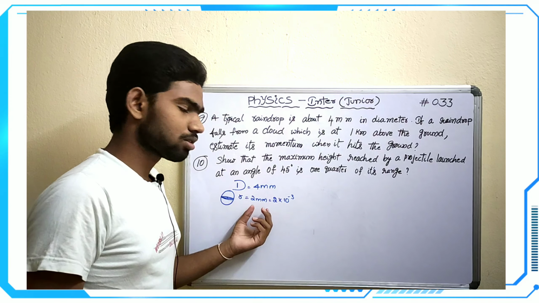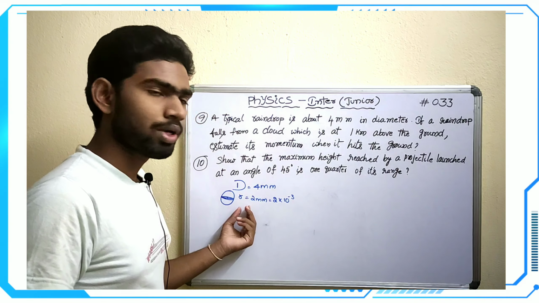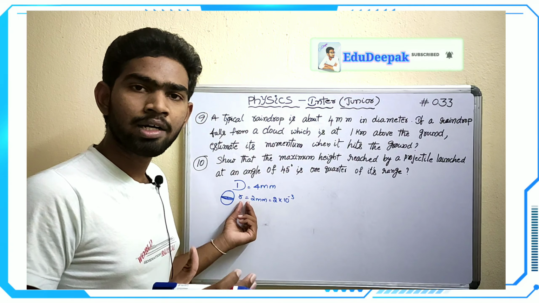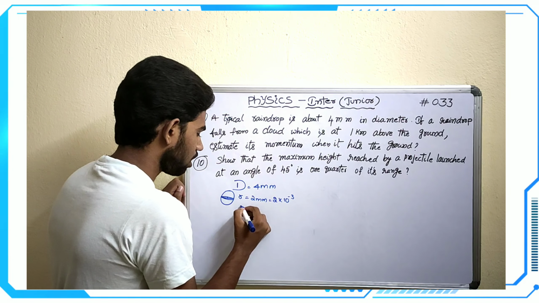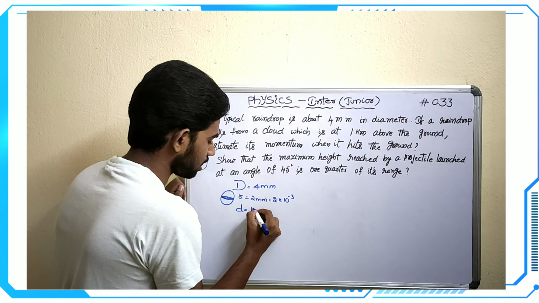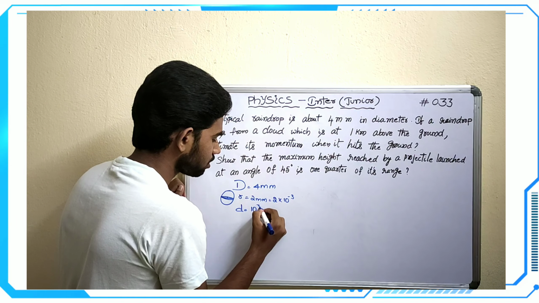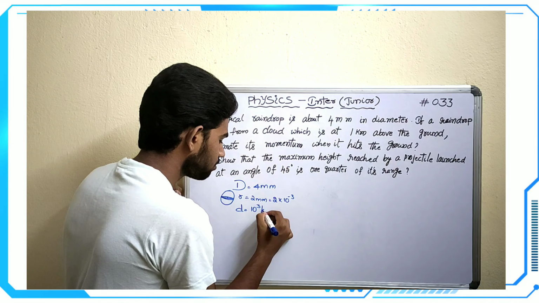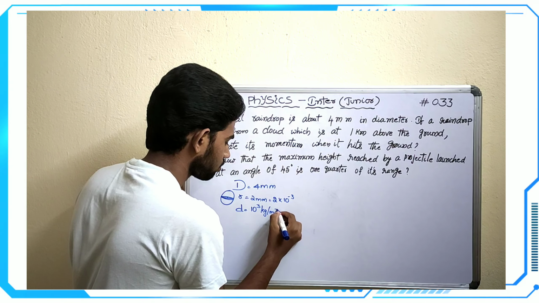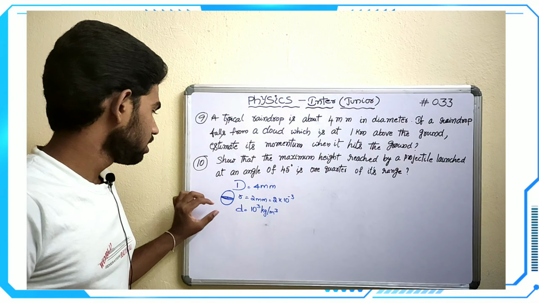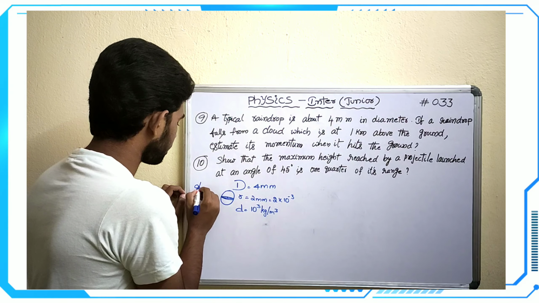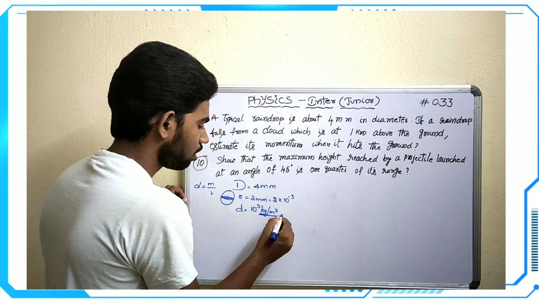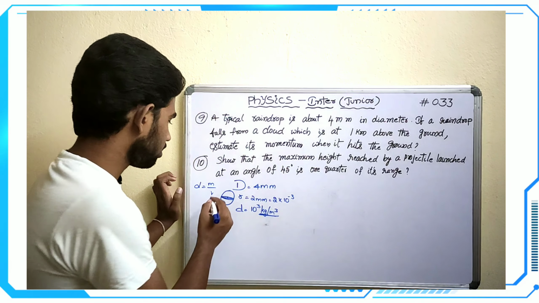From D we have got R, and we know the density of water, that is 10 to the power of 3 kg per meter cube. We know that density is equal to mass by volume.